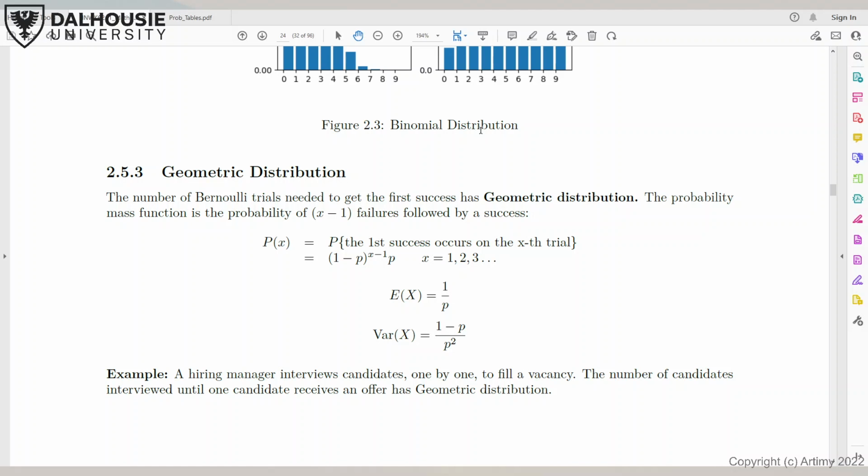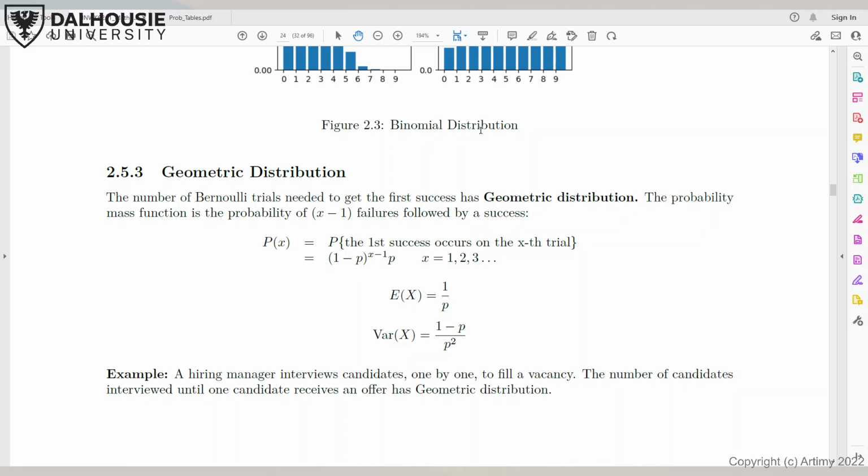You send the first packet, it fails. You send the second packet, it fails. Third packet, it fails. So you need to find out, given the probability of success and failure, how many attempts you're going to make, or what is the probability of making X attempts to get the first success.